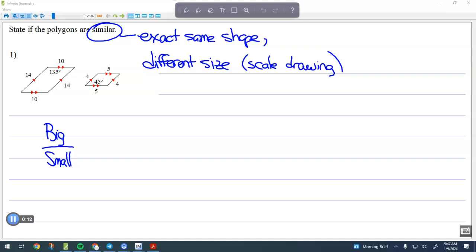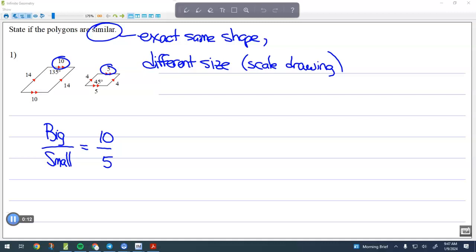But every single side will be the exact same amount bigger on the big shape than it is on the small shape. So what I'm going to do is go, okay, on the top, big divided by small means 10 over 5. So the top of the big shape is 10, the top of the small shape is 5.